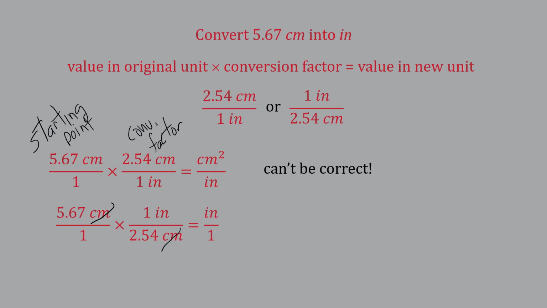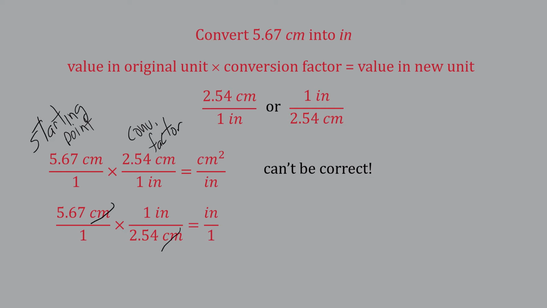So centimeters in the numerator and centimeters in the denominator cancel each other out, which just leaves us with inches. And so if your setup gives you the right units, there's a good chance that's the right setup. It's not a guarantee, but it is a really, really good sign.